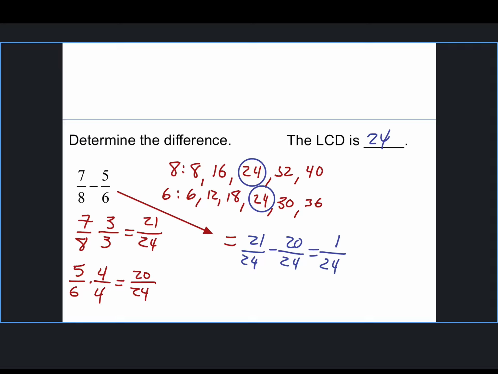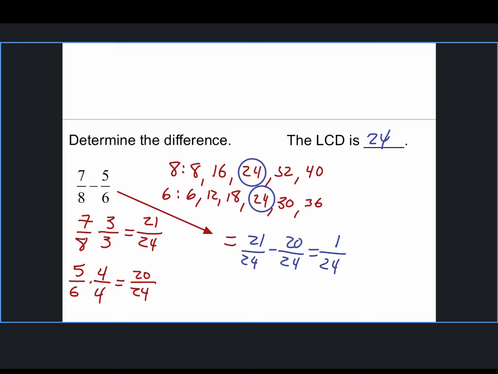Does anyone have any questions about adding and subtracting fractions? Speak now or forever hold your peace. I believe in you. So let's summarize what we've done.